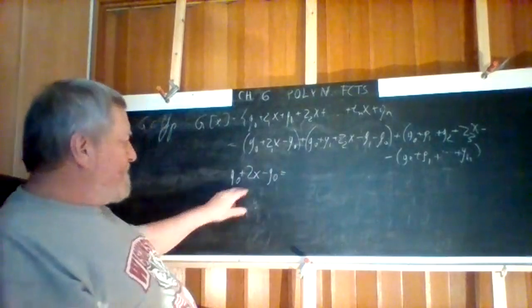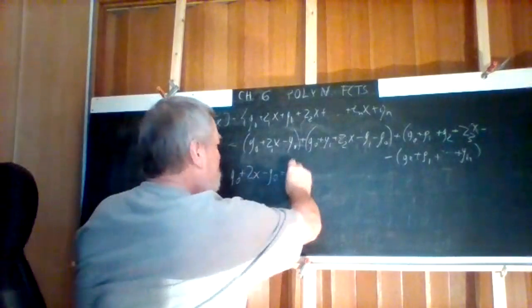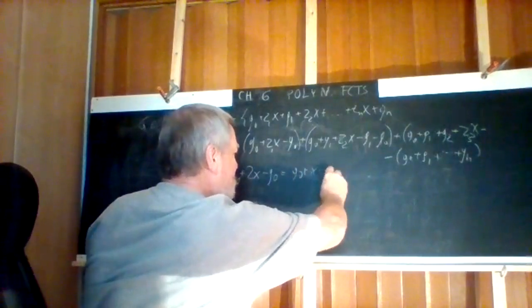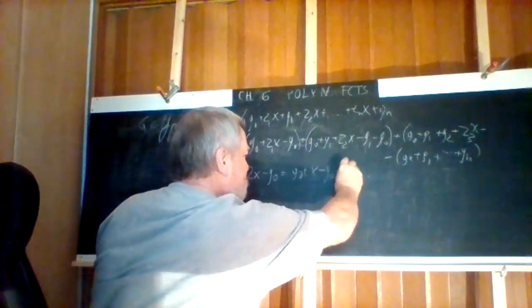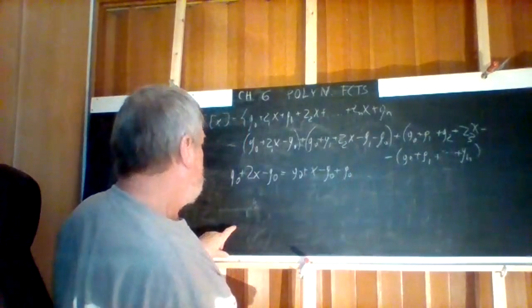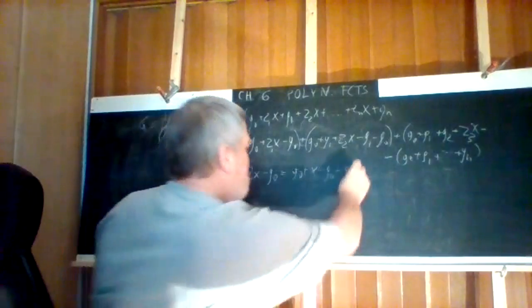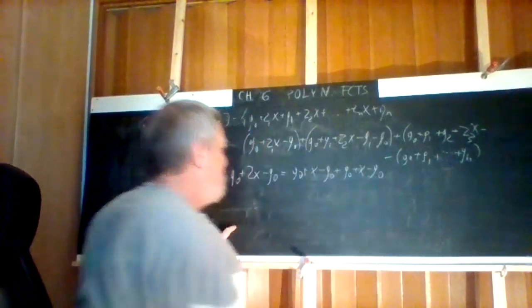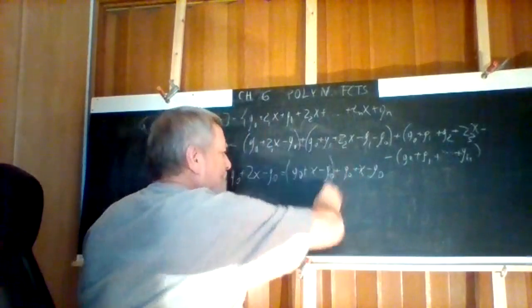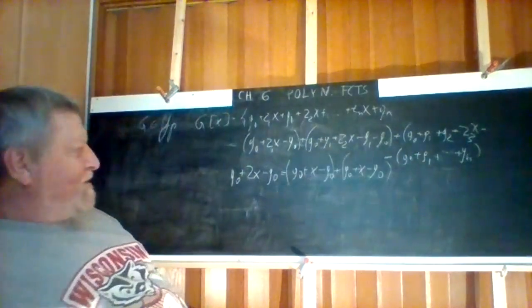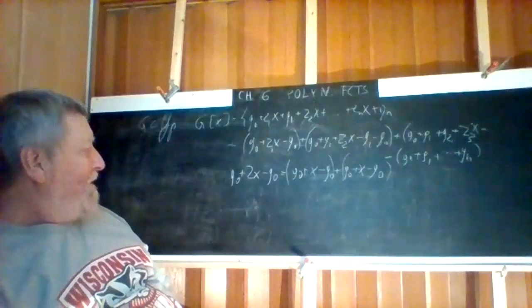We can write this as g naught plus X minus g naught plus g naught plus X minus g naught, and use parentheses like this.